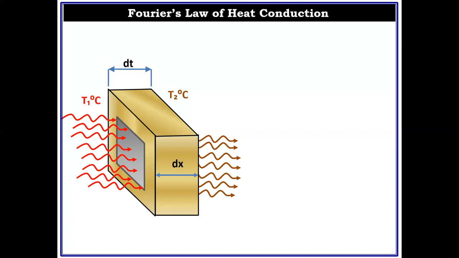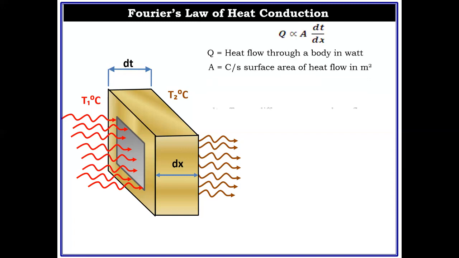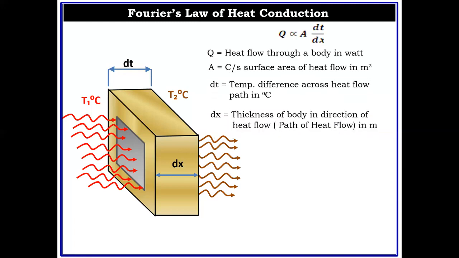Linking to heat transfer rate Q, we can say that heat transfer rate is directly proportional to area, which is the cross sectional area, or area normal to the direction of heat flow. Q is again directly proportional to dT, the temperature difference, but inversely proportional to dx, the length of the heat flow path.